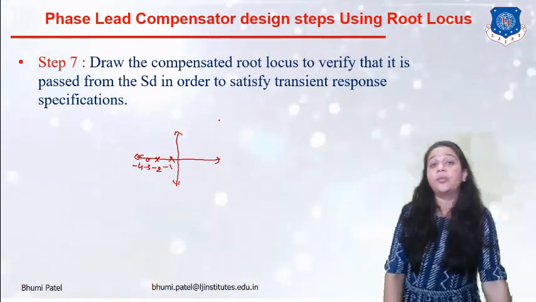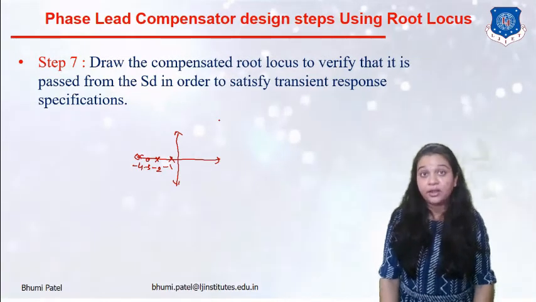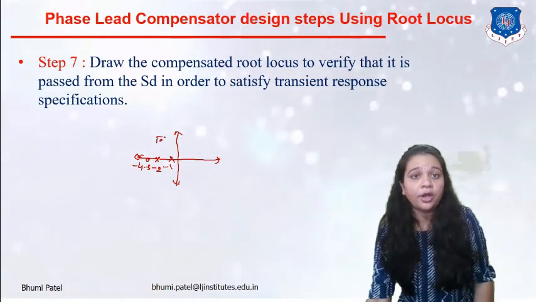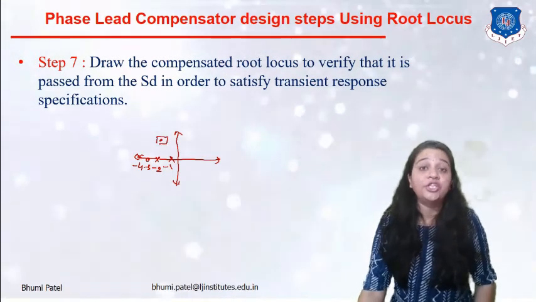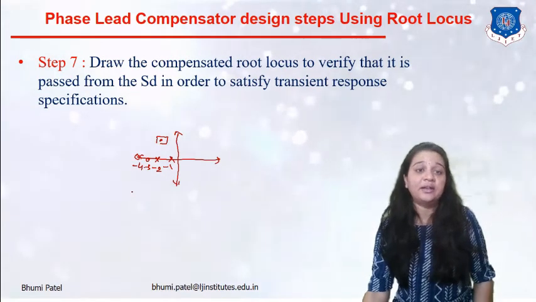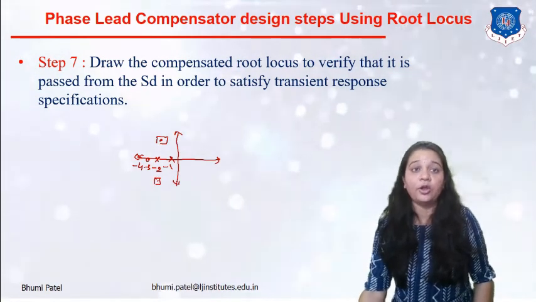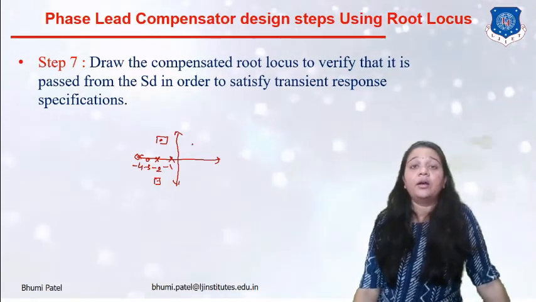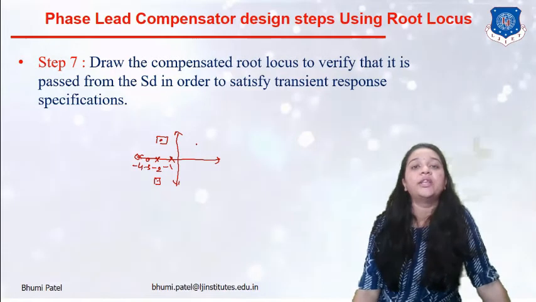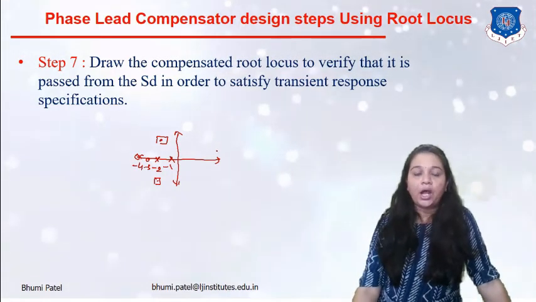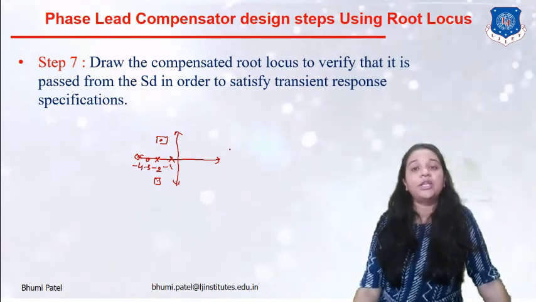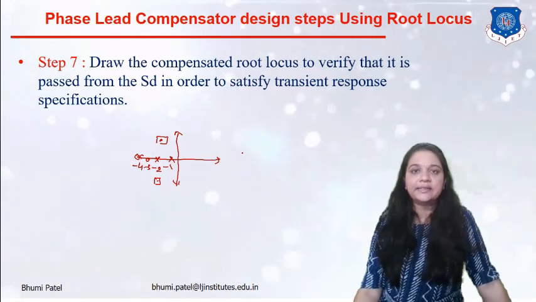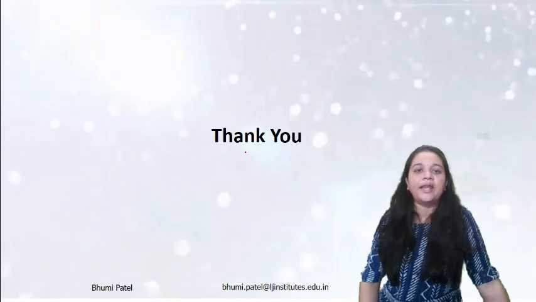So we can draw the compensated root locus and verify whether it passes through the SD point, and also check whether it satisfies the transient response specification. So using the phase lead compensator we can set the output for a particular application. The phase lead compensator design using the root locus method, with an example, we will study in the next session. Thank you everyone.